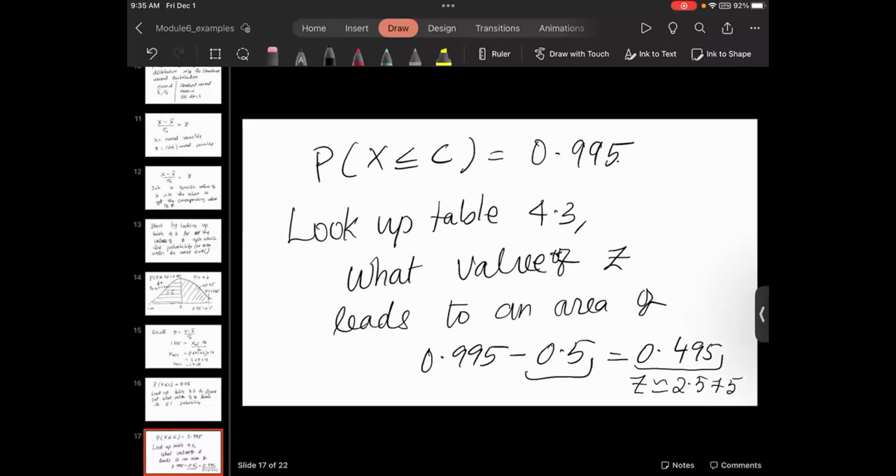Now others, kindly confirm if you also think it's the value to pick. You just have to look up the table and find the value which is closest to 0.495.